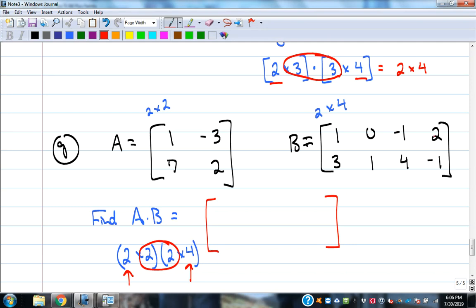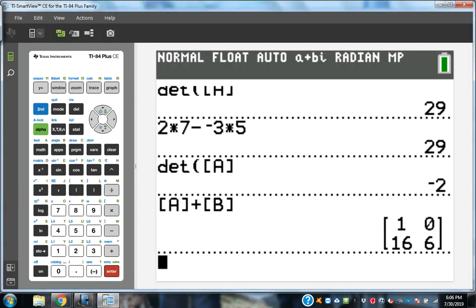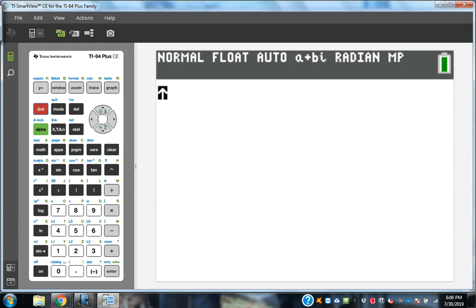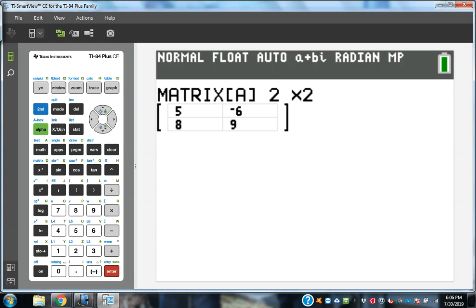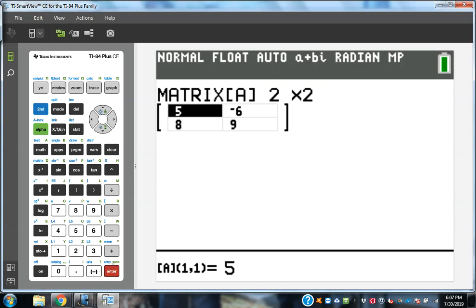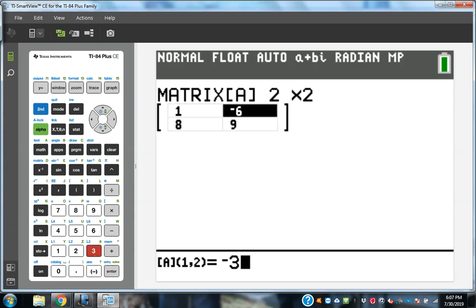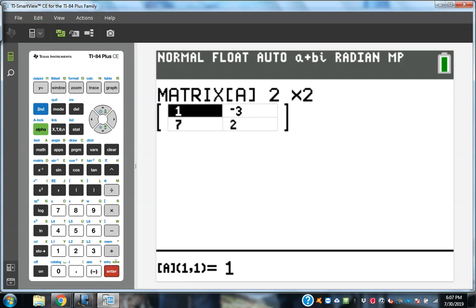So we're going to do it with the calculator, and so I'm going to take these 2 matrices and put them into my calculator. So I'm going to clear out everything I've done there, and then go to matrix and go over to edit, and in matrix A, it's a 2 by 2, and I named them A and B for a reason. Okay, and then I'm going to put the numbers in: 1, -3, 7, and 2. So I put in matrix A from my example.